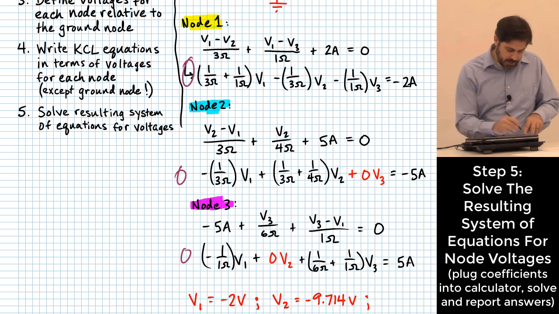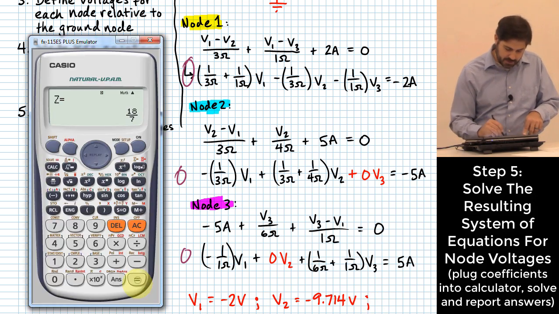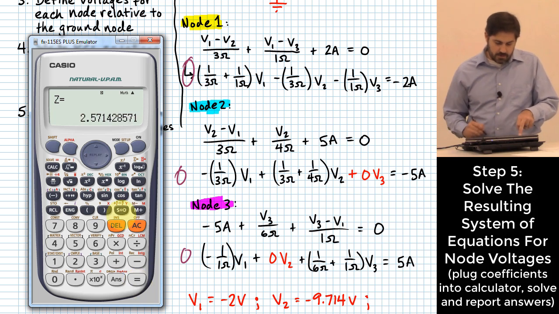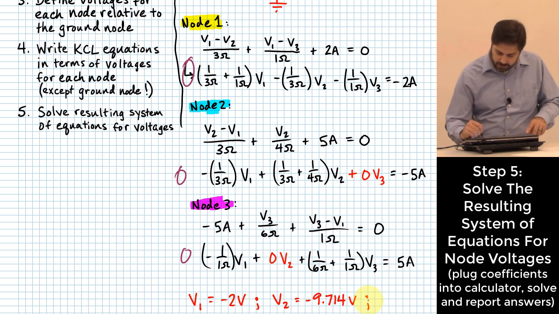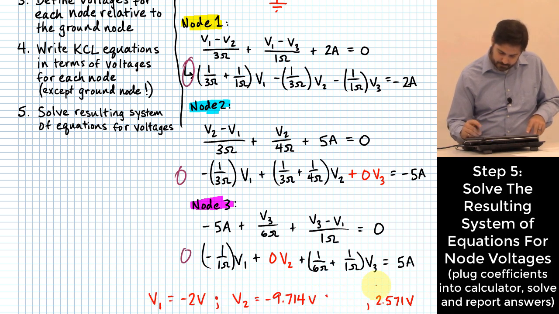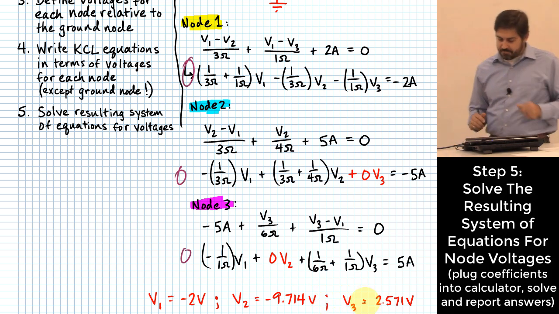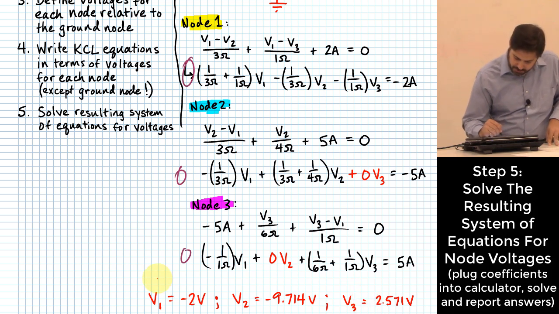And V3, you hit equal sign one more time to see that one. You have 2.571 volts. Whoop. I kind of meant to label it properly there too. Okay, and so these are the solutions.